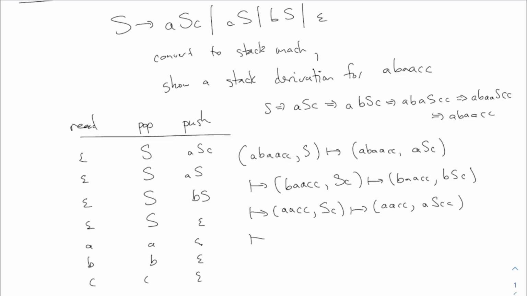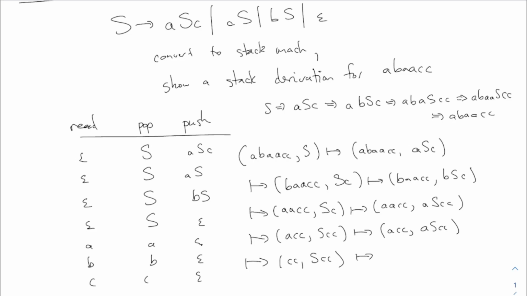And now pop the A's. It is A, C, C, S, C, C. Now I'll go S goes to AS on the grammar, which is rule number 2 in my list. So this is A, C, C, A, S, C, C. Pop the A's. C, C, S, C, C, and now I do S goes to epsilon, which is rule number 4 on my list.